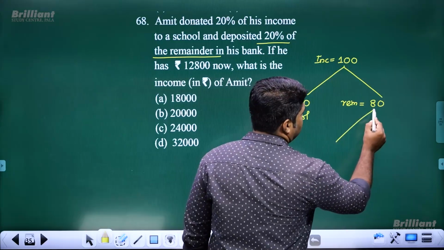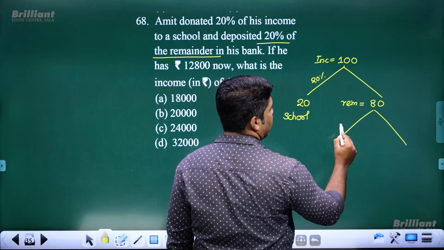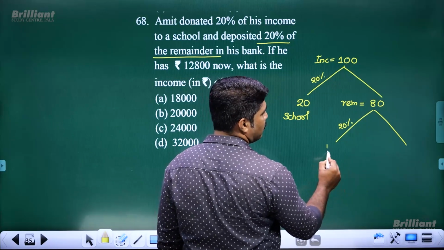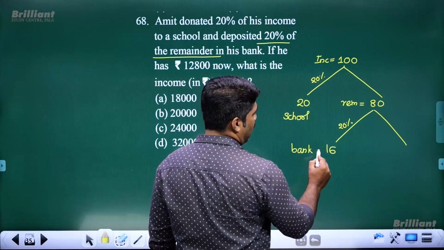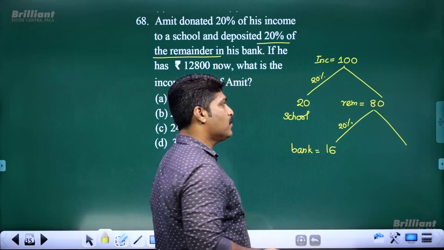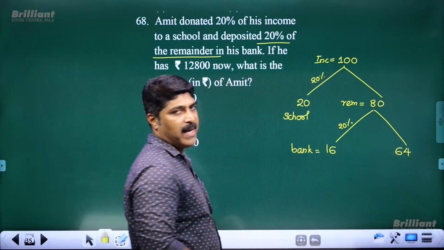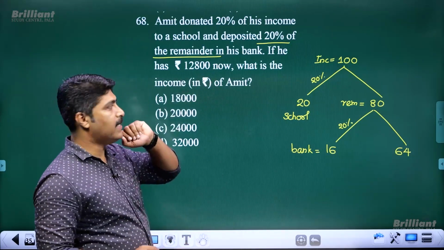What is 20% of this 80? Here 20% is directly applicable. That's equal to 16, which goes towards the bank. And what remains is 64. So that's the final balance. This 64 is rupees 12,800.